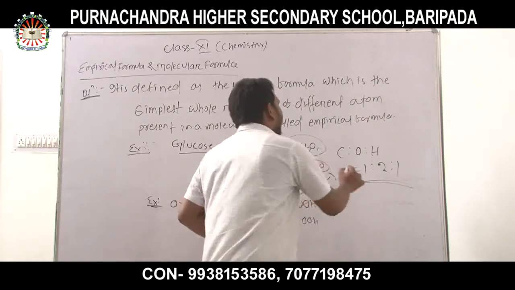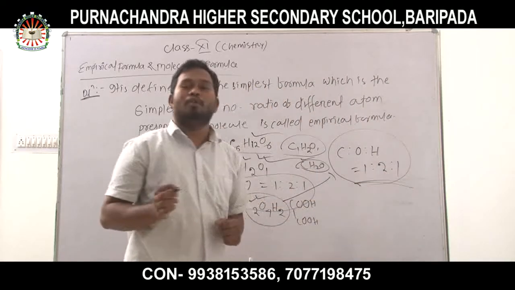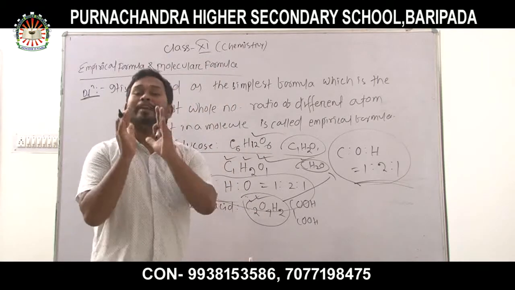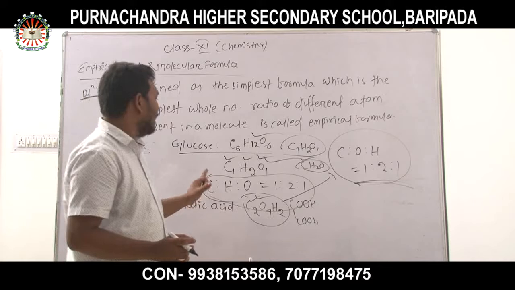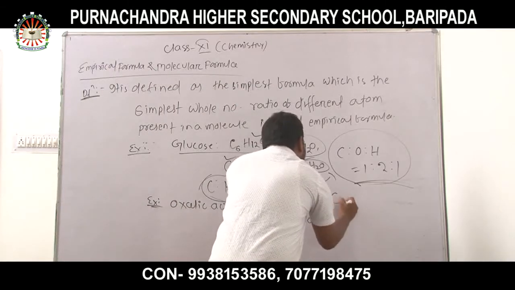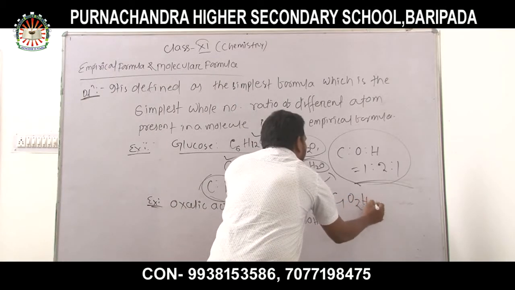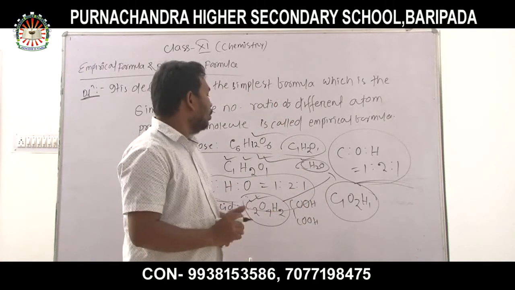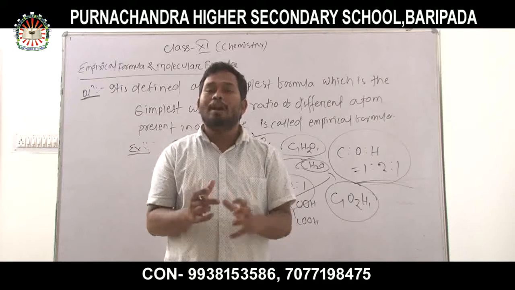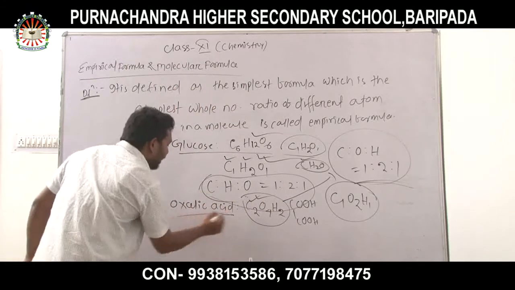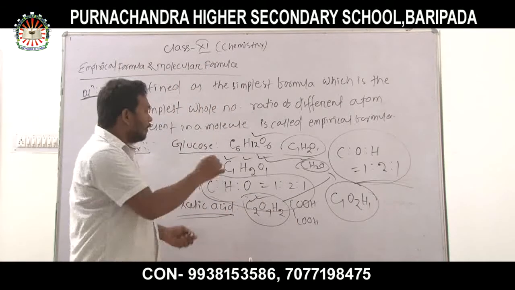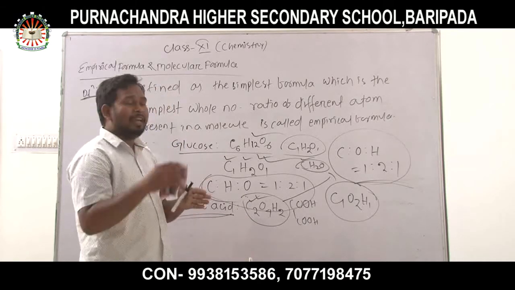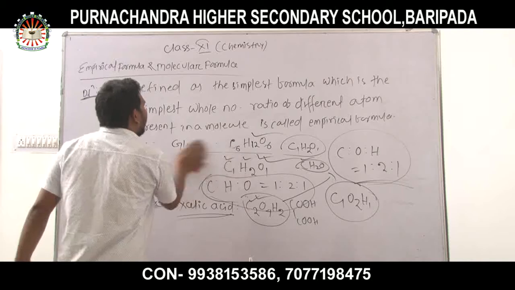So it is the simplest whole number ratio present in oxalic acid. So the empirical formula of oxalic acid is C1O2H1. Thus, it is the simplest whole number ratio of oxalic acid. Clear? Then we go to another example, calculating the empirical formula from a molecular formula.